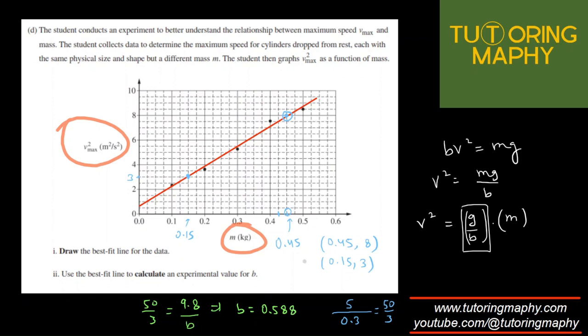What would be the unit of this? The unit is going to be meter per second square. I don't think they need the unit, do they? I think that should be okay. We don't need to mention the units. So that's 0.588 approximately. That's what I'm getting from here.